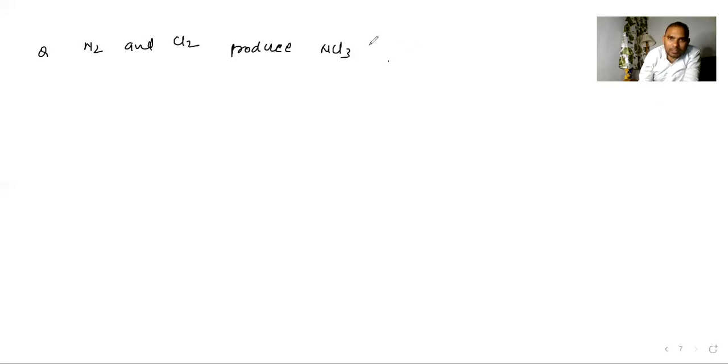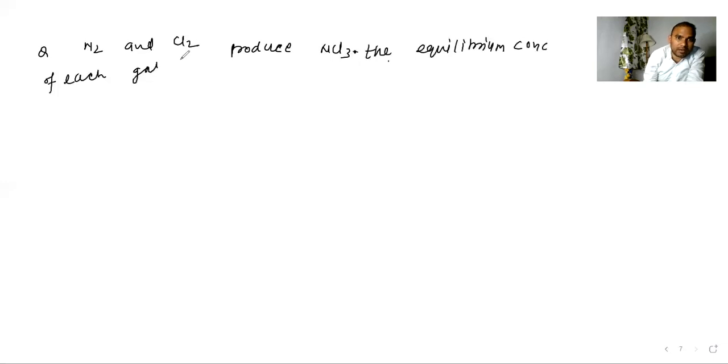The equilibrium concentration of each gas is given. The concentration of N2 is 0.15, of Cl2 is 0.25, and of NCl3 is 0.50, and these are all in molar.